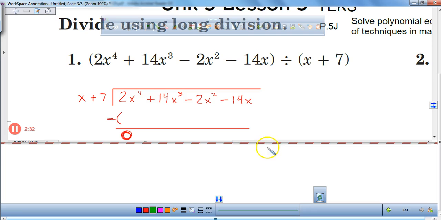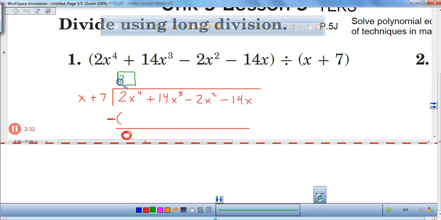So what am I going to do here? I'll put a little empty box here. We're going to ask ourselves, what number times x is 2x to the power of 4? I'll say it again. What number times x equals 2x to the power of 4?